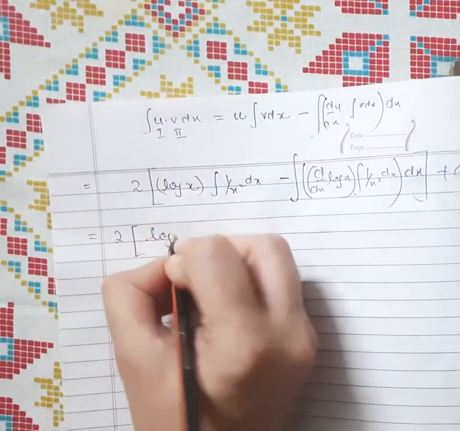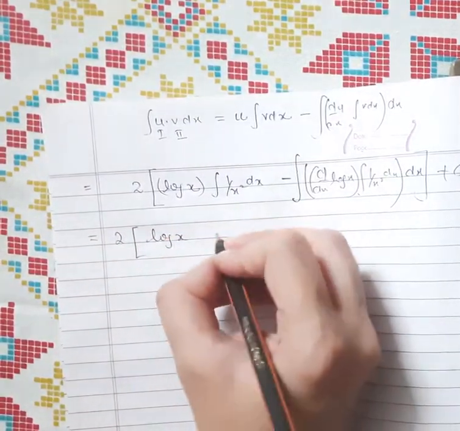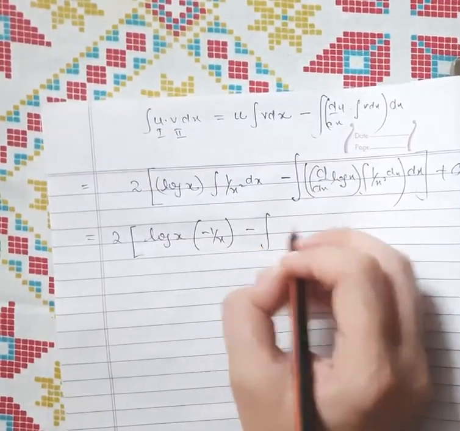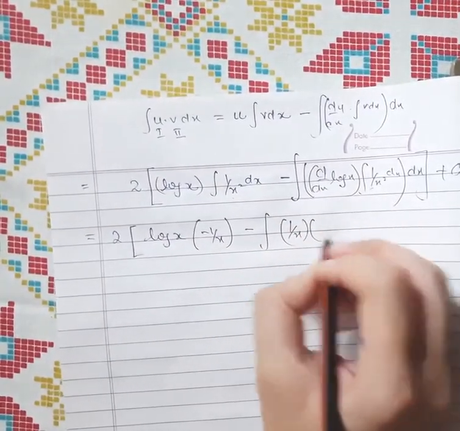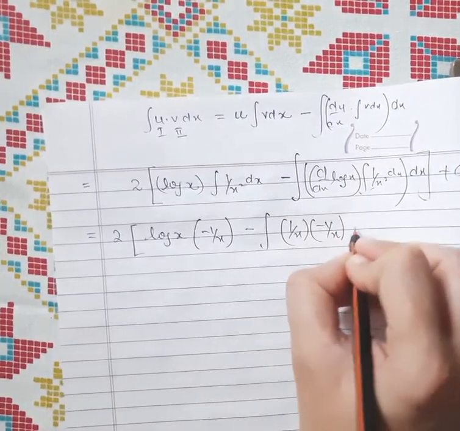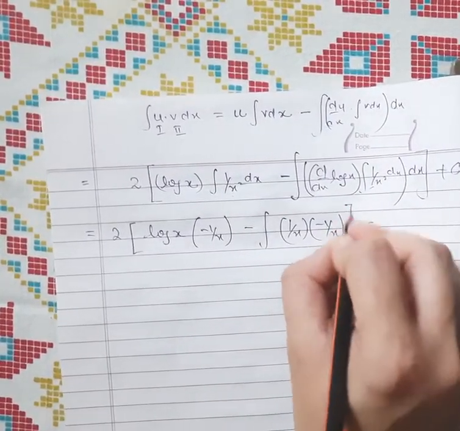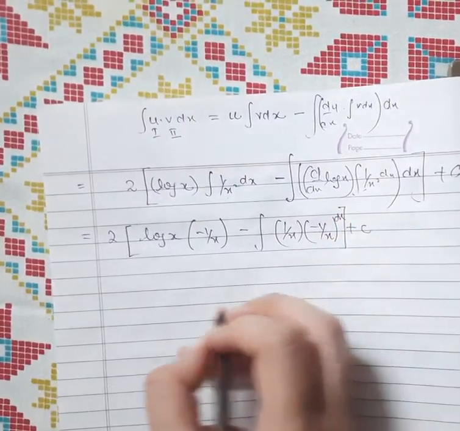Now 2 log x, integration of 1 by x square is minus 1 by x, minus integration, derivative of log x is 1 by x, integration minus 1 by x dx plus c. Sorry, there is dx here now.